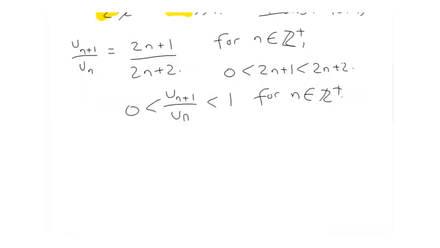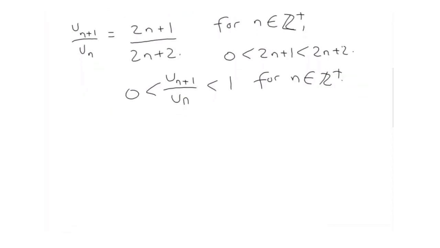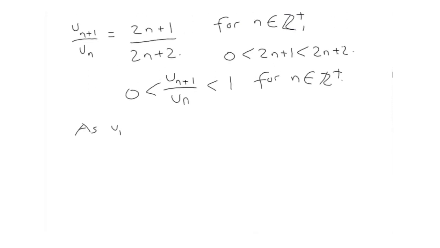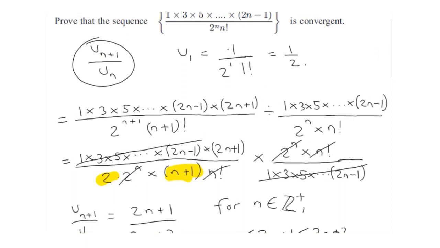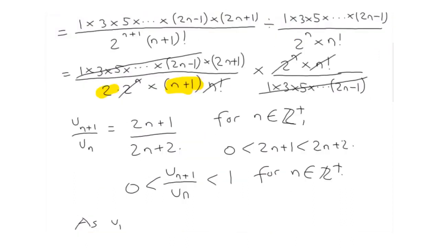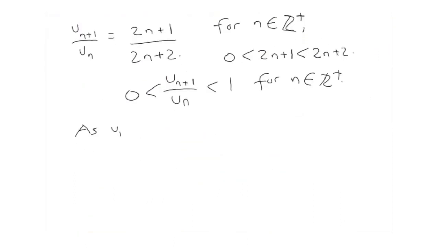So what does that tell us about the function? Well, as we recall, u_1 was 1/2 and it's positive.